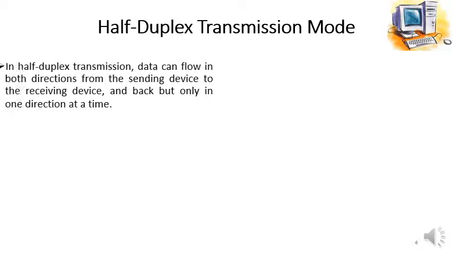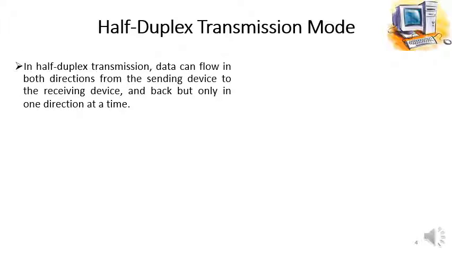Second, we have the half duplex transmission mode. In half duplex transmission, data can flow in both directions from the sending device to the receiving device and back, but only in one direction at a time. So here communication is possible from both sides, but at a time only one side is capable of sending the data or information to the other side, and the other side is capable of only receiving at a single time instant.